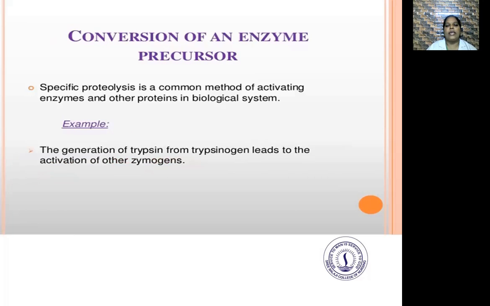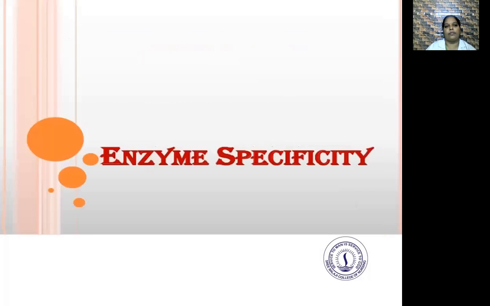Conversion of an enzyme precursor. Specific proteolysis is a common method of activating enzymes and other proteins in biological systems. Example: the generation of trypsin from trypsinogen leads to the activation of other zymogens. Enzyme specificity.